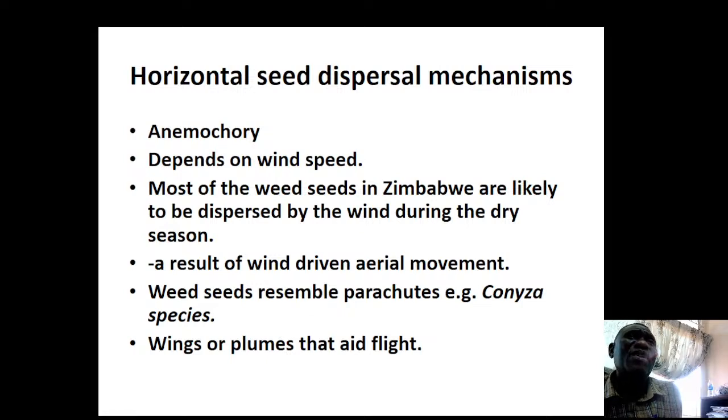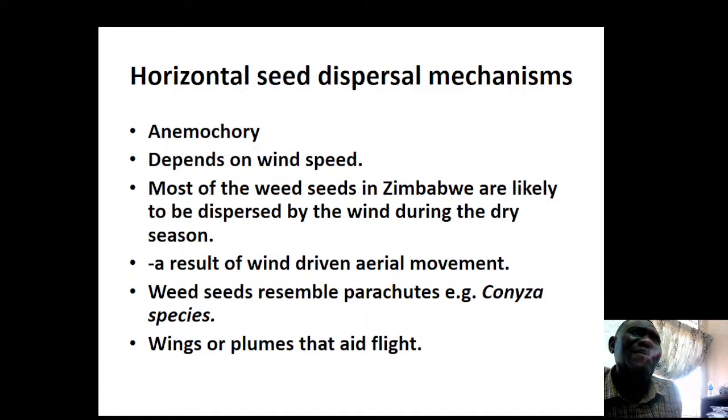We have horizontal seed dispersal mechanisms. This is what we call anemochory, or just wind seed dispersal. This depends on wind speed. If you don't want to use these terms, just use the simpler term wind.